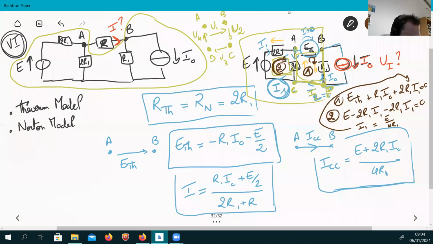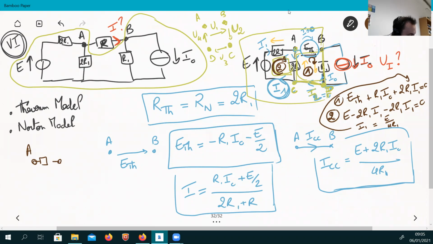Is it clear? Yes, now it is. Thank you. Perfect. And so you end up with the result of ETH we're looking for. Then it's not done because, as I said, don't forget to put back the load.